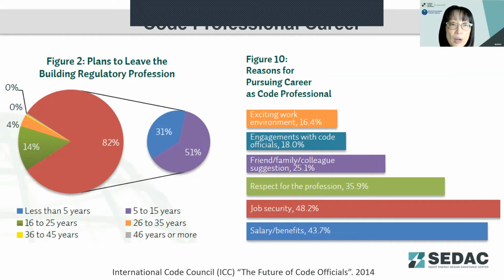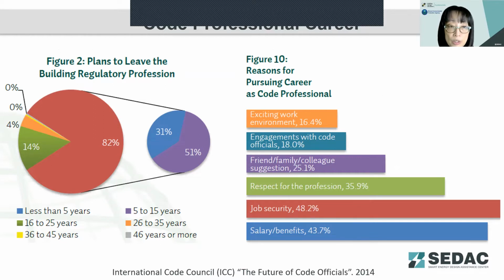And now we're going to talk about a career as a code professional. We thought this is interesting data on code officials, which provides some insight for people who are considering careers in building codes. The figure on the left shows that 82% of code officials plan to retire in 15 years.